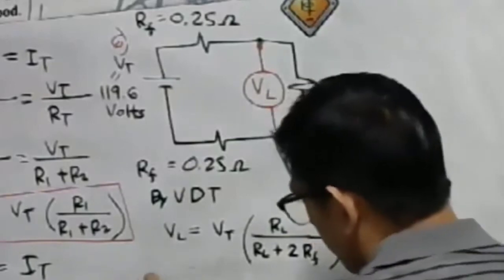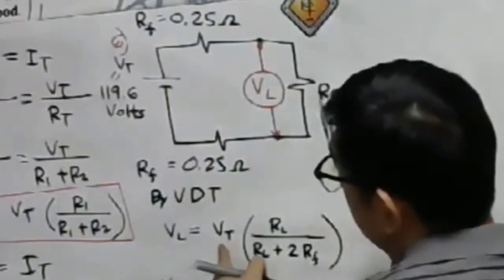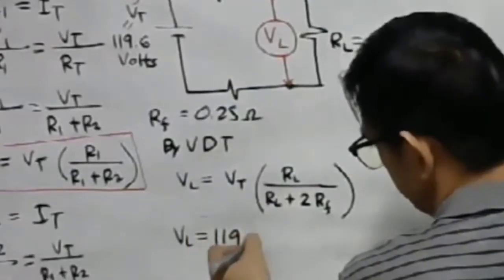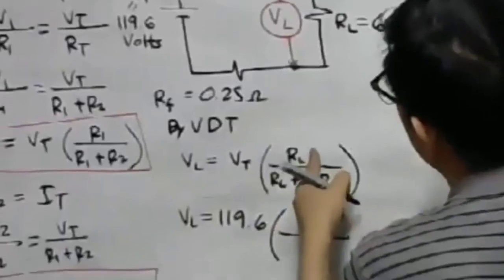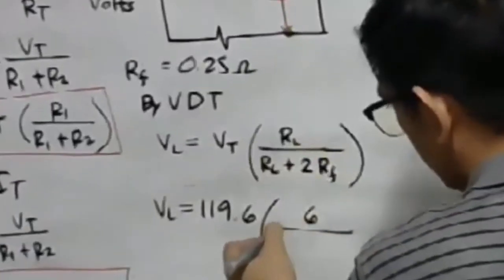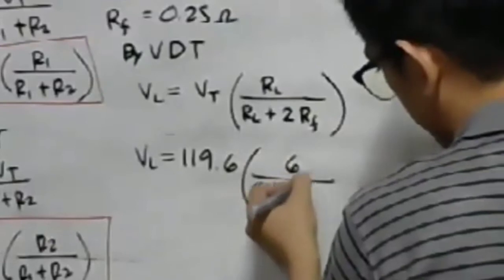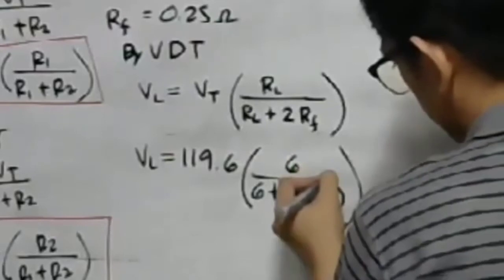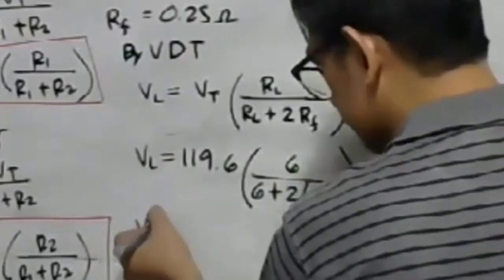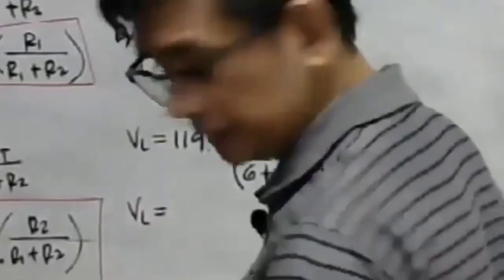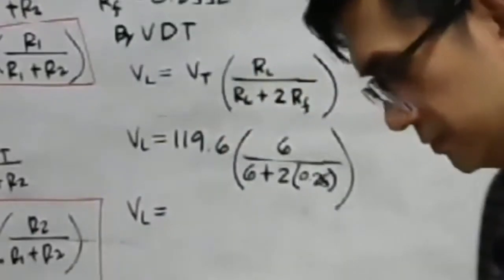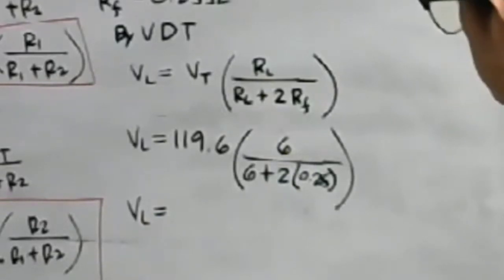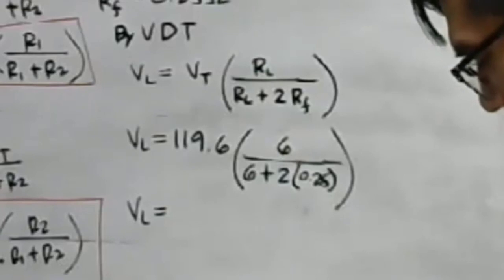Okay? So our VL is now simply equal to VT. What is our VT? 119.6, and then multiplied by RL, that is 6, all over 6, then plus twice 0.25 here.